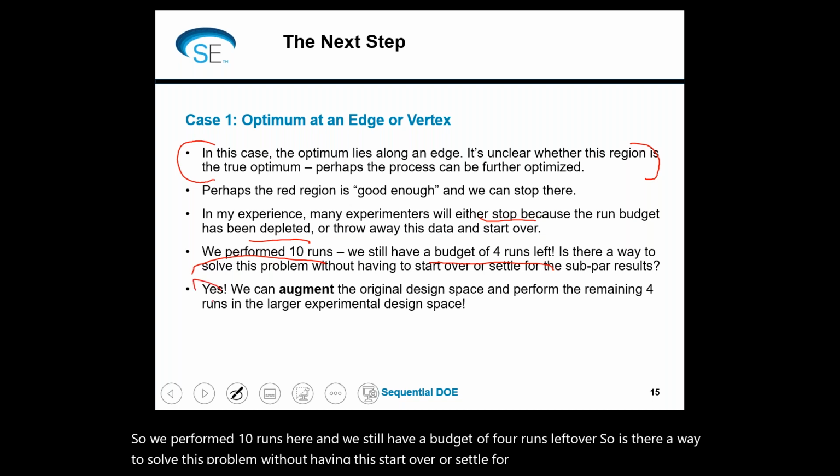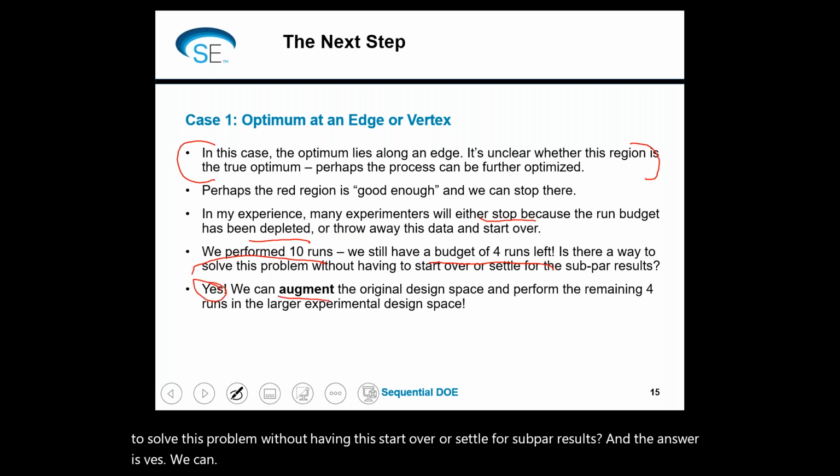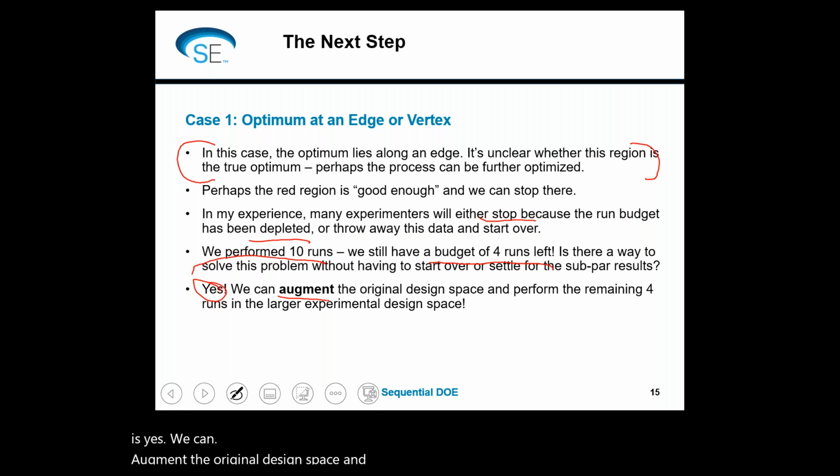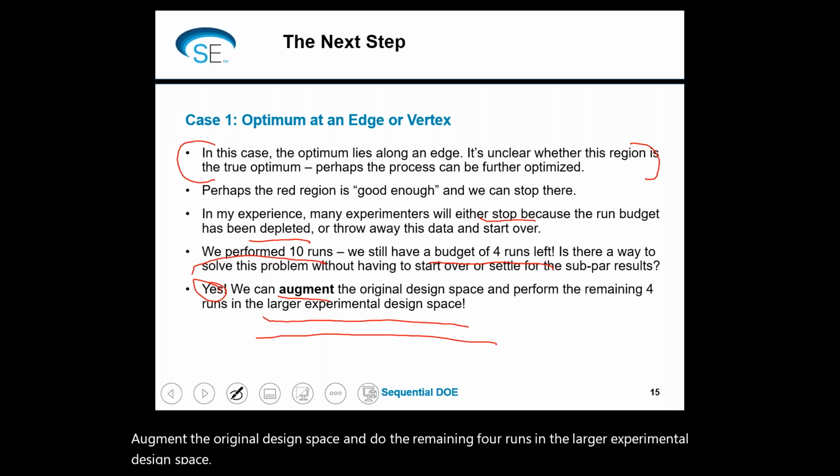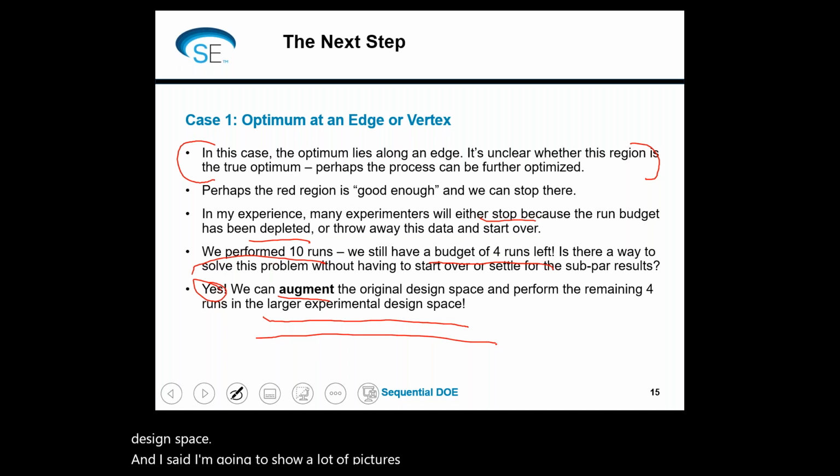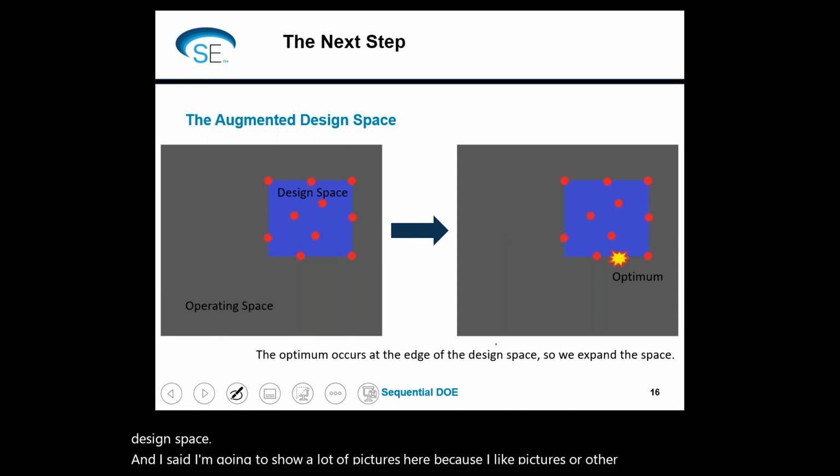And the answer is yes. We can augment the original design space and do the remaining 4 runs in the larger experimental design space. And as I said, I'm going to show a lot of pictures here, because I like pictures rather than formulas. So here's an illustration of how this would work.